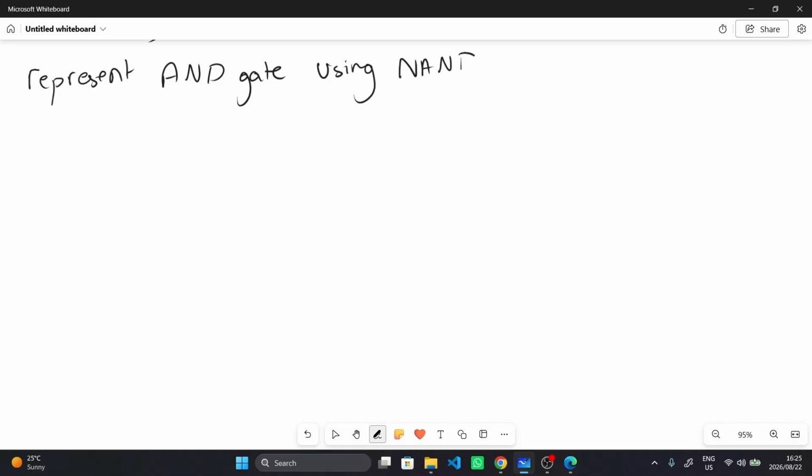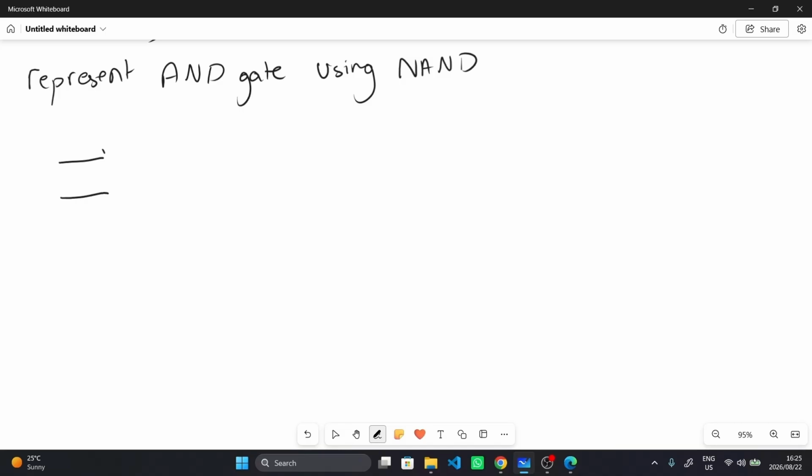Now we represent AND gate using NAND gate, right? So AND gate is quite simple.